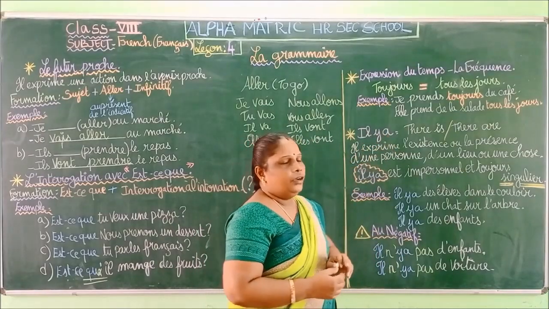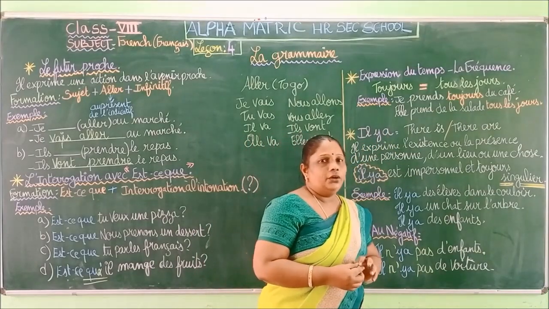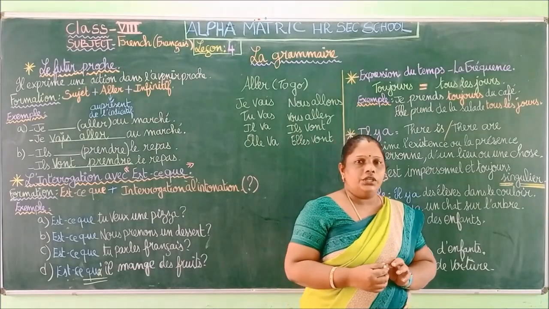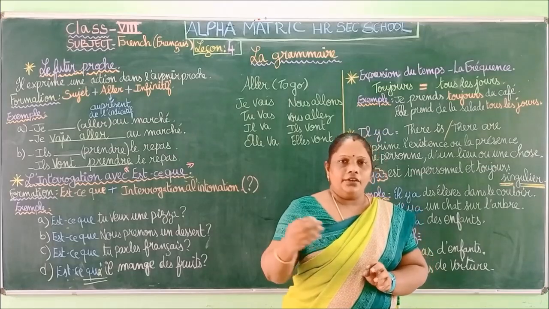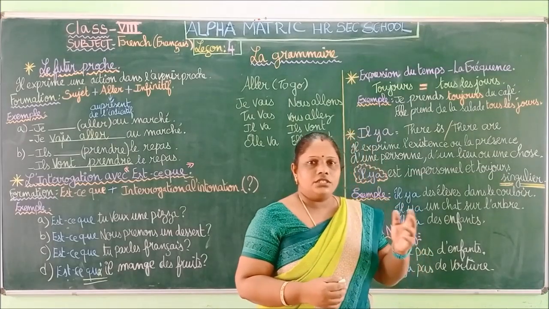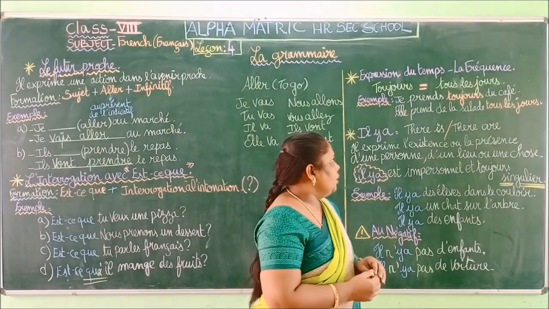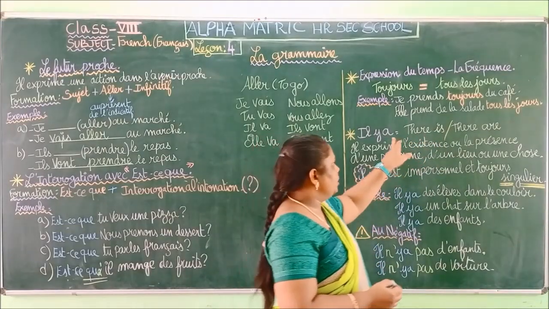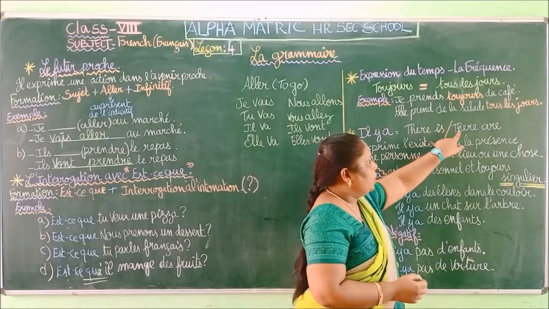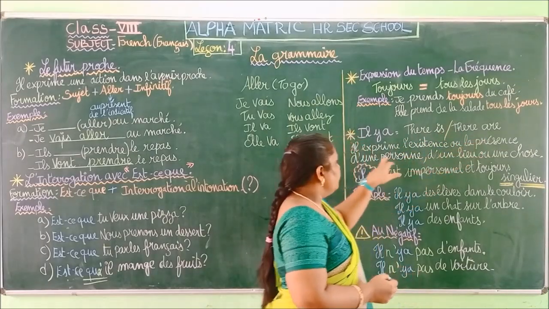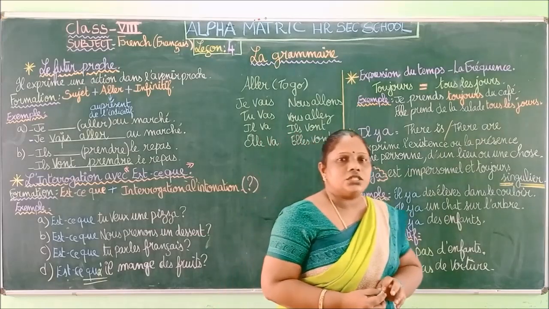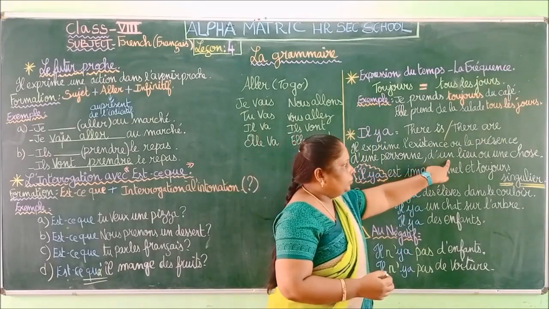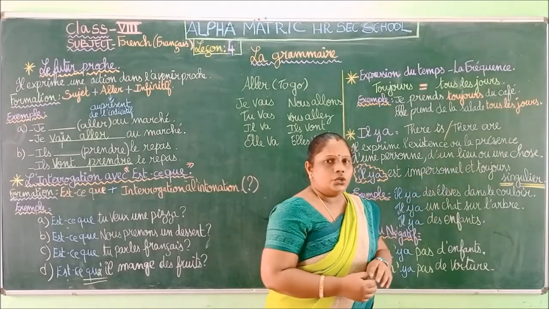So next one, il y a. What is il y a? So when we are going to narrate a story, il y avait. So we are going to say what is there or what are there. So there is or there are. So in English, il y a is there is or there are. Okay, so il exprime l'existence de la présence d'une personne ou d'un lieu ou d'une chose.